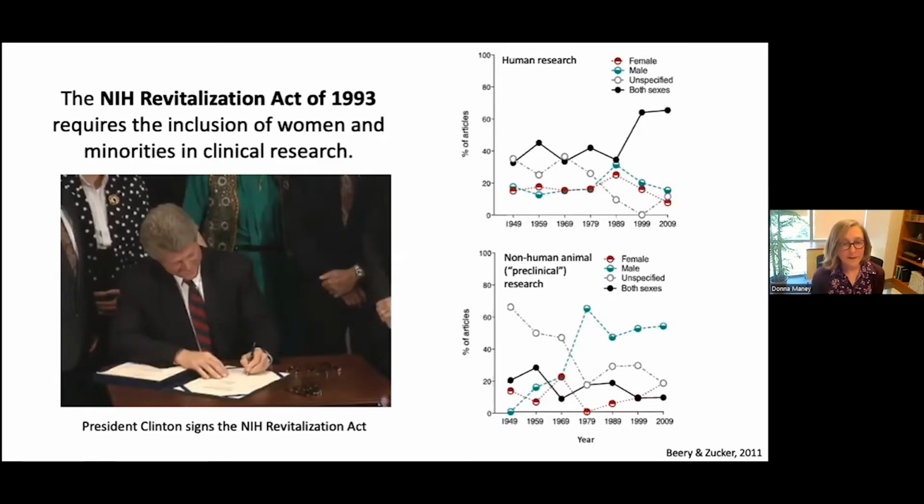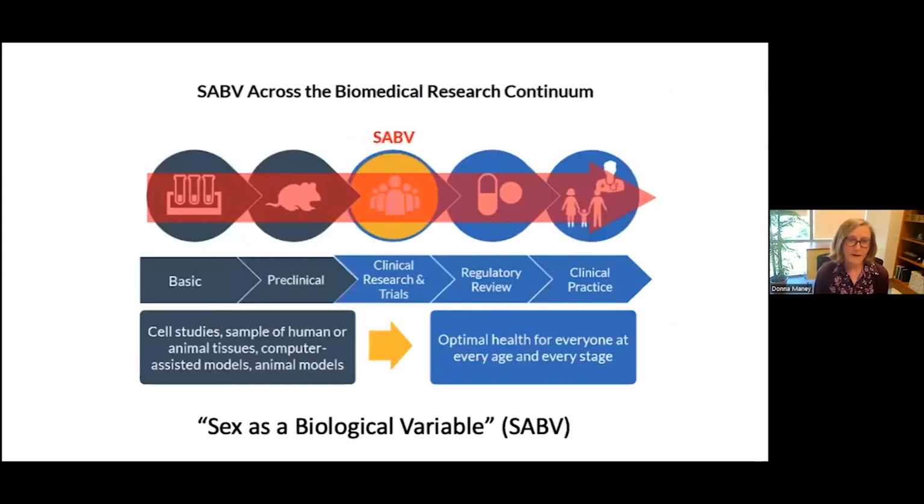And so in response to this and a lot of similar reports, NIH implemented SABV, or sex as a biological variable, in 2016, and I'm sure you're all familiar with this, but it requires researchers to consider sex not only at the stage of clinical trials, but at every level, starting with basic science on cells and animal tissues.